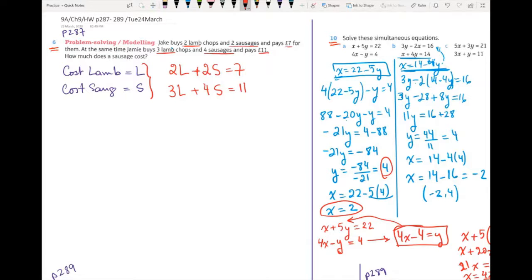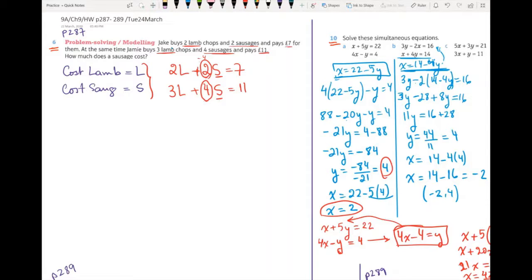So if I look at S here, I see that the coefficient of S is 4 and the coefficient of S in the first equation is 2. So in order for me to eliminate S, I need to make the 2 minus 4, because if I calculated minus 4S plus 4S, I can remove the S and I would have one equation with one unknown L.